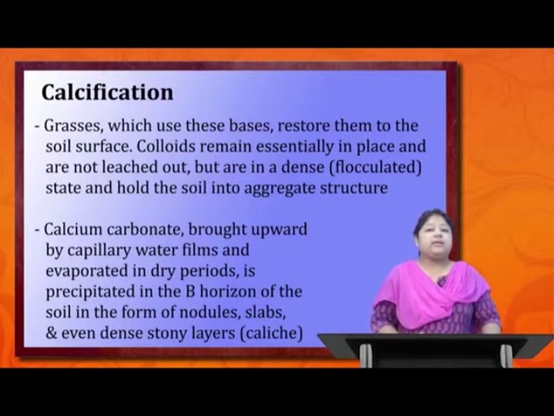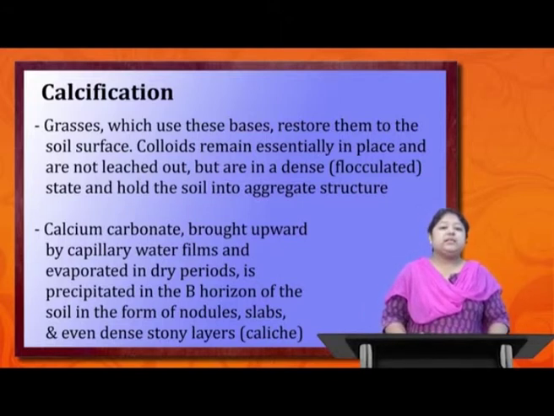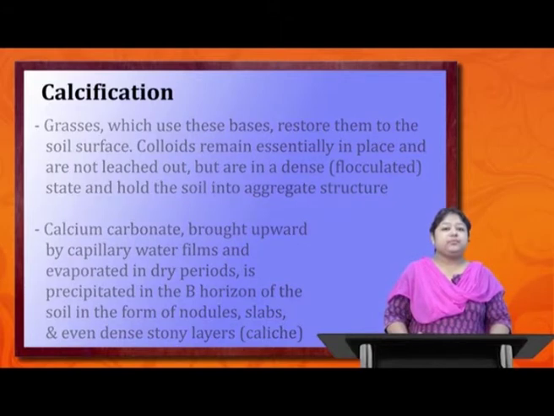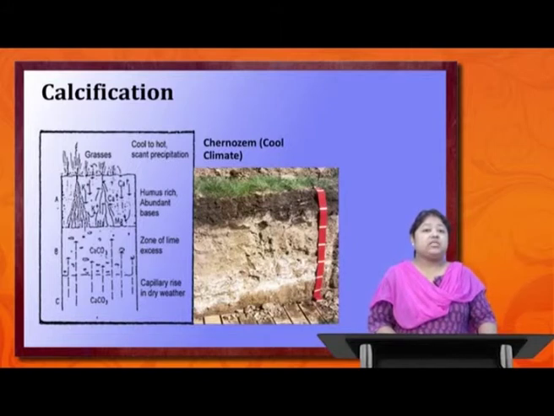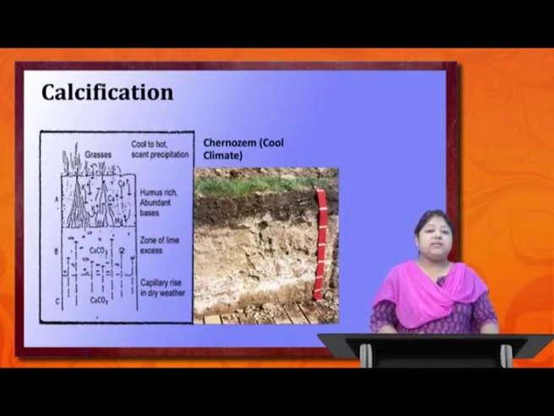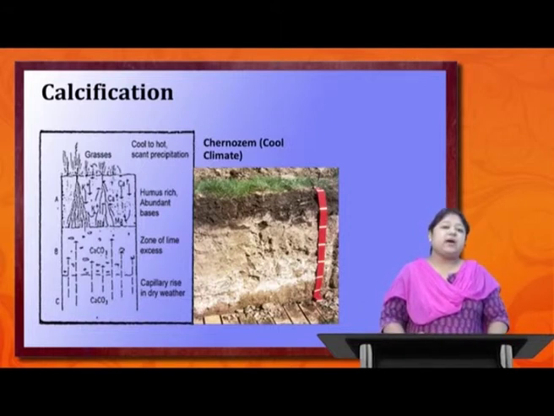Microbial activity is very much restricted and humus may be abundantly distributed throughout the A and B horizons. Now, this is the profile of calcification, a Chernozem soil. Here you see there is a zone of excess lime, and here capillary rise in dry weather is taking place, and because of this capillary rise, we get much calcium carbonate.